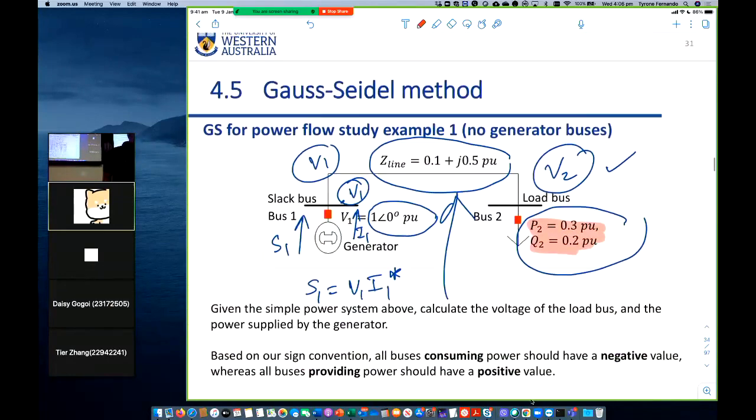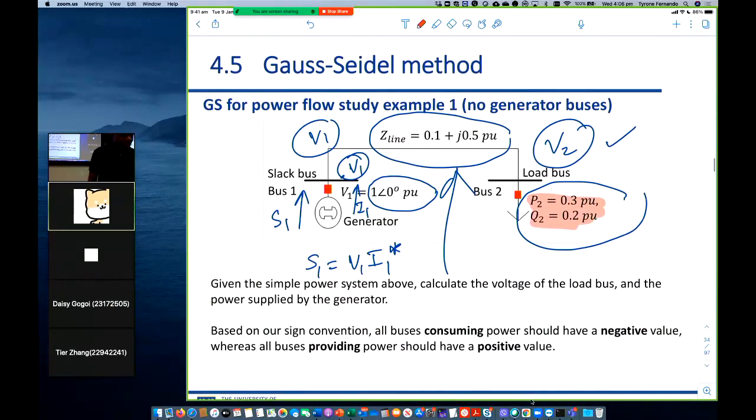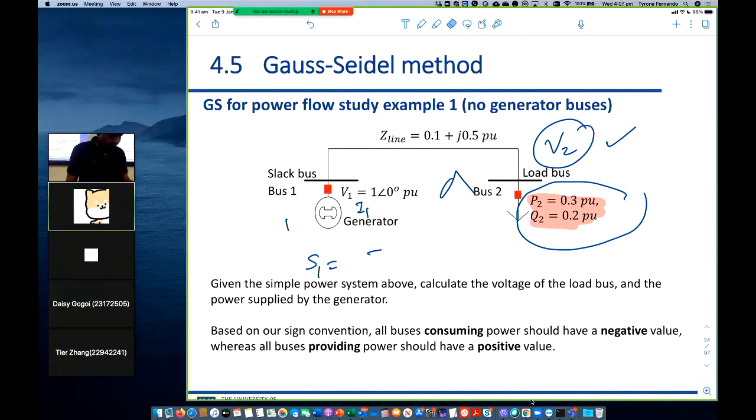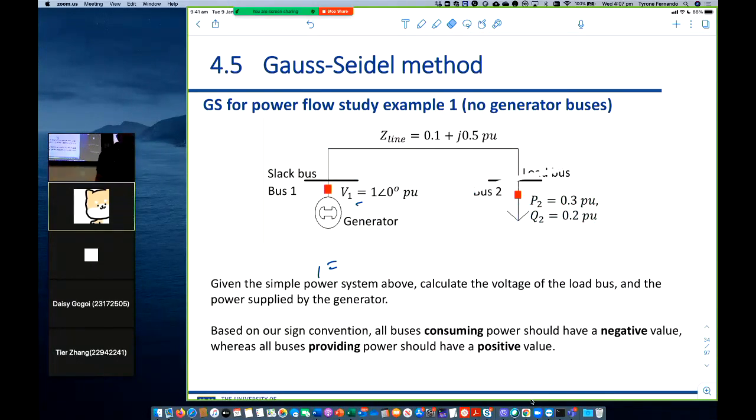So let's look at an example. This is a simple example. Now, manually, you should be able to do this.